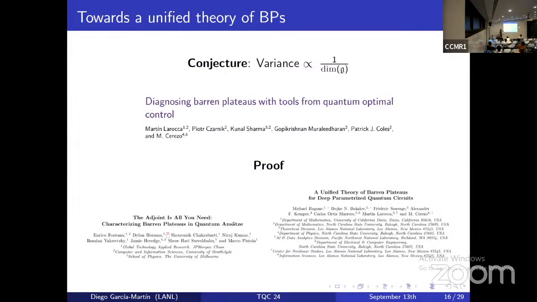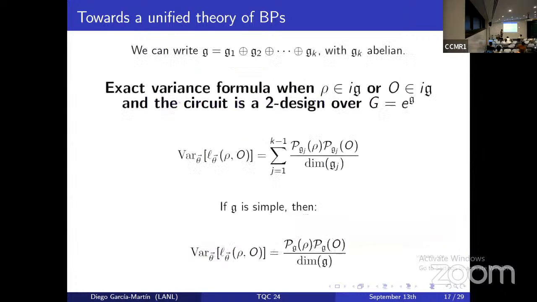The one on the left is by the team at JP Morgan, and the one on the right is again by Martín Larocca, Marco Cerezo, and some others like Michael Ragone, and so on. What they give in this paper, more precisely, is an exact variance formula for the expectation values of the output of the circuit.